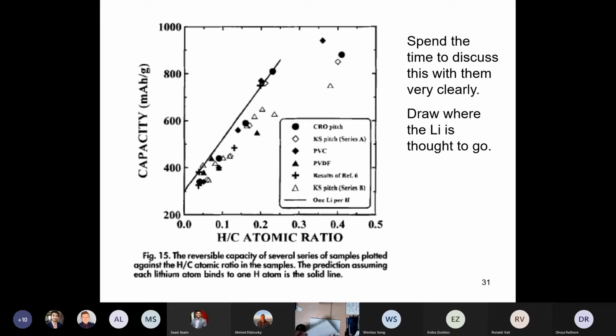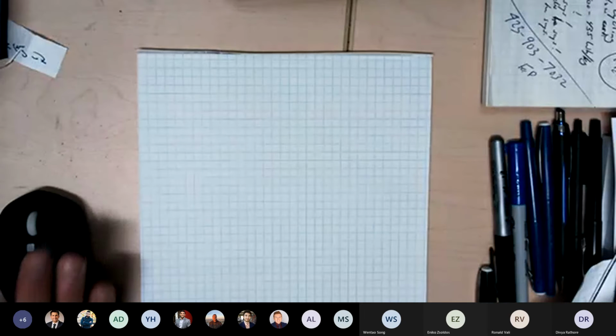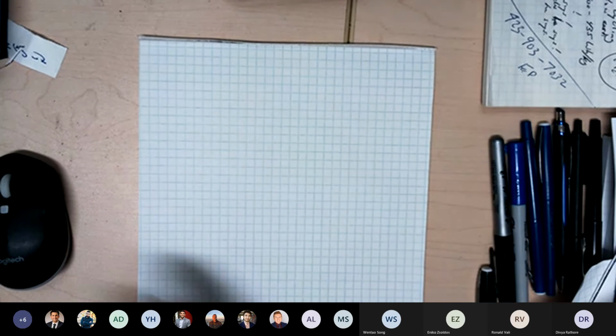Okay, so any questions about that while I'm going to my document camera to sort of draw a picture? Why can't I do that? Okay, you should see my document camera, is that correct?